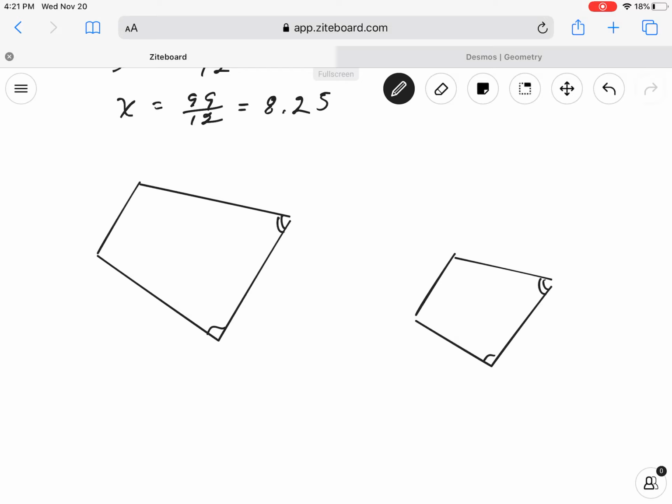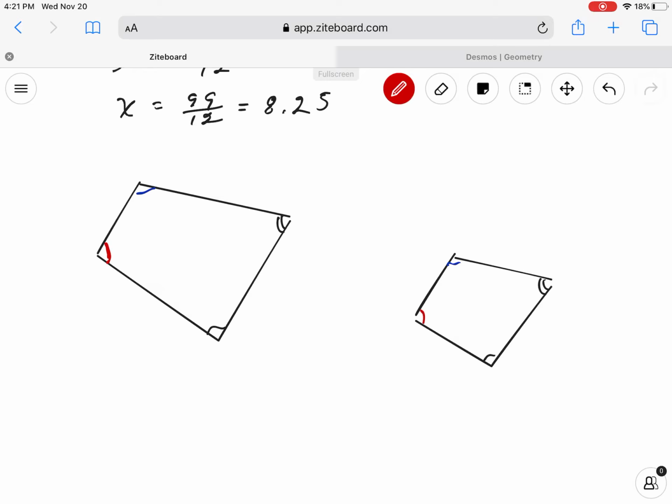Okay, so at this point I want to change colors. Then I have these two angles that are congruent, and finally I have these last two angles that are congruent. Let me zoom in to do that. There we go.